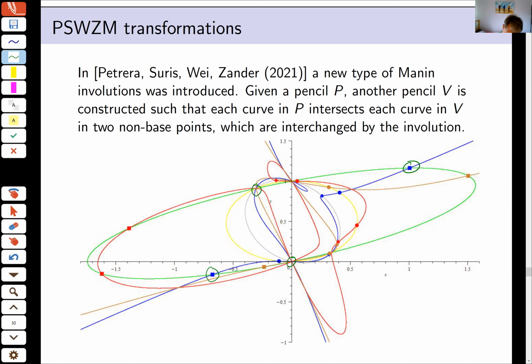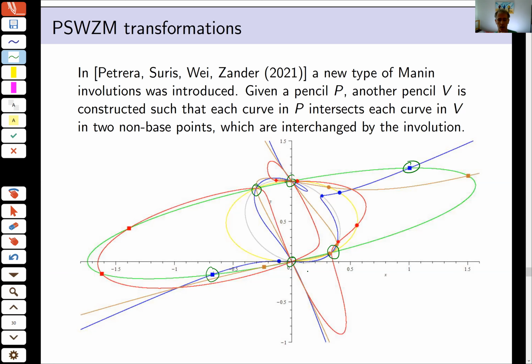And the points that are there are right here. So 4 points will lead to a unique pencil of quadratic curves, and you can use that pencil to define an involution. And this generalizes the idea of Manin transformations, where the pencil was a linear pencil of points with one base point.